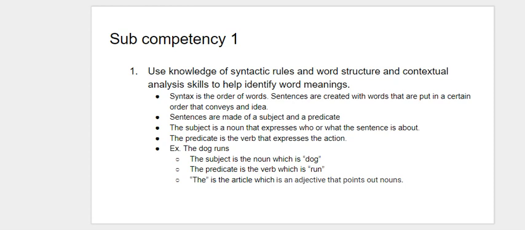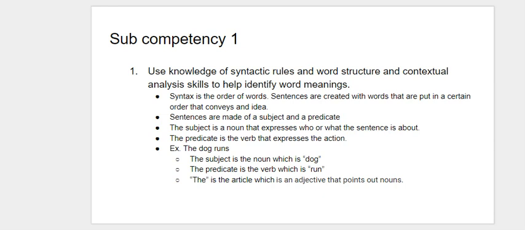Sentences are made up of a subject and a predicate. The subject of a sentence is who or what the sentence is about. So a subject usually is a noun, and the predicate is what happened in the sentence.